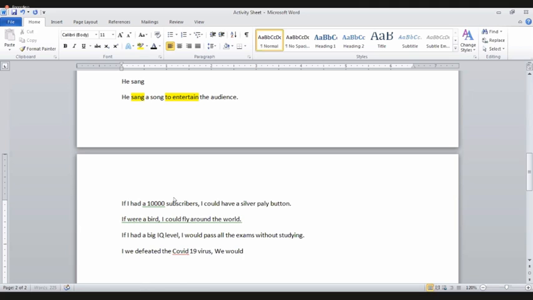We wouldn't remove face masks. I want to read it. If we defeated COVID-19 virus, මේක තේරුම මොකක්ද තරින්ද?